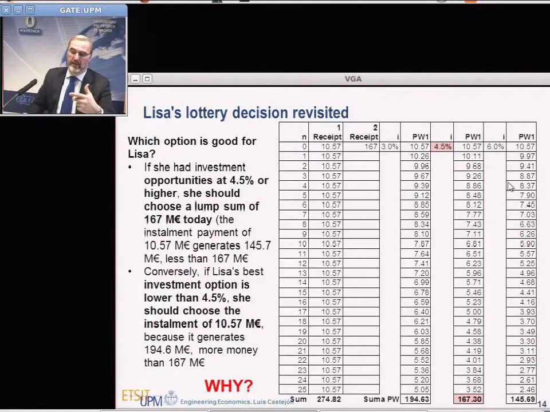So you can think in another way. You are offered the option 1. And the cost of money, I mean the interest rate, is 6%.